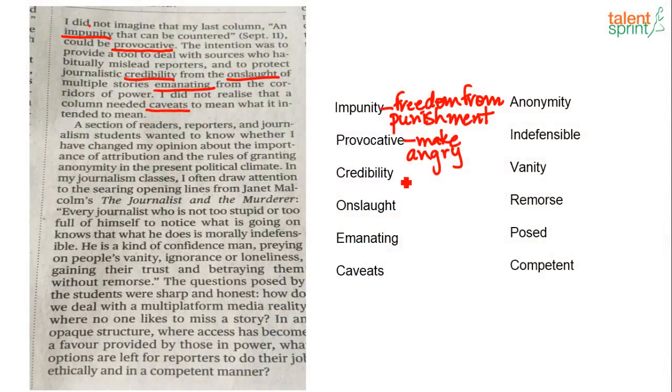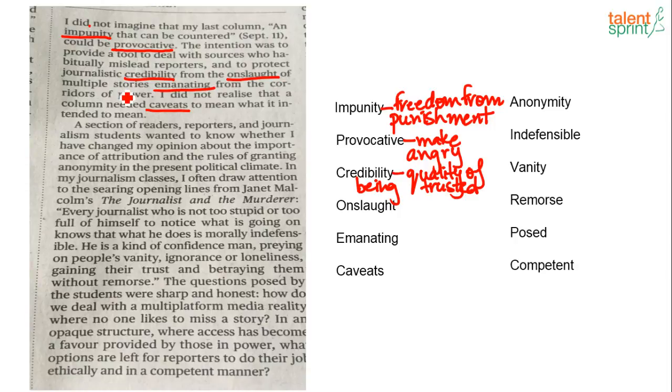Credibility means the quality of being able to trust someone. So journalists have credibility means journalists have the quality of being trusted. So let's put down our meaning here. Our meaning here is quality of being trusted.